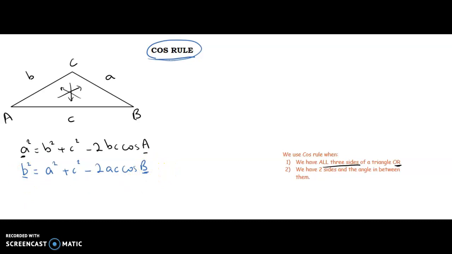And of course, the third version of this formula will look like this: c squared is equal to a squared plus b squared minus 2ab cos of capital C. So now we have to figure out which formula to use. But of course, there are steps to follow. So let me get to that.